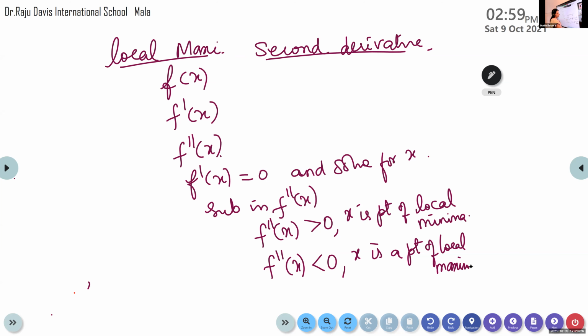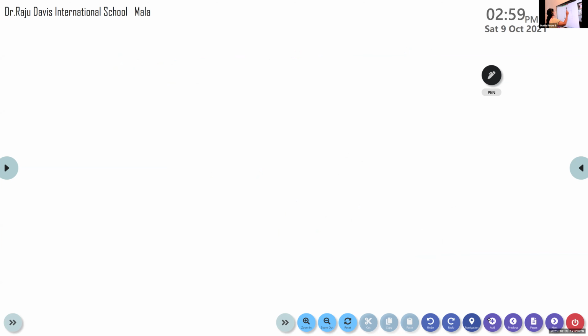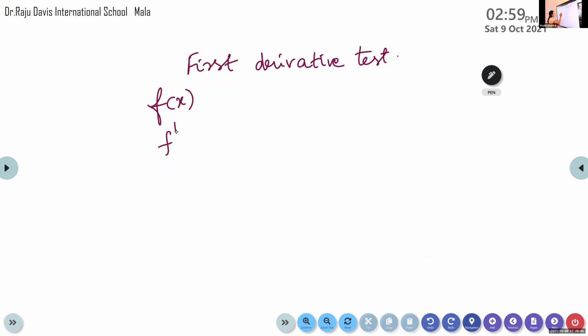Suppose you are given a function f of x, we find f dash of x.